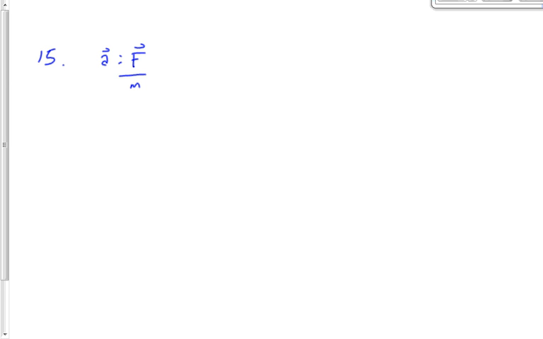If the mass increases by a factor of 3.8, does that increase or decrease the acceleration? Mass goes up, acceleration goes down. So if you increase the mass by 3.8, then the acceleration will decrease by a factor of 3.8. We don't even have the acceleration.